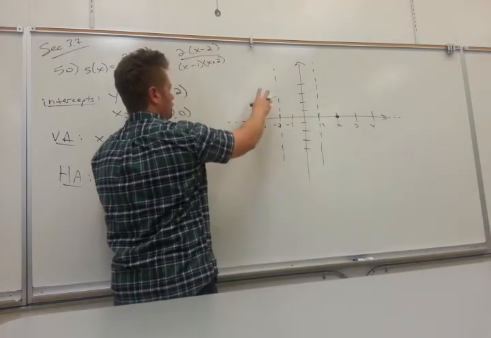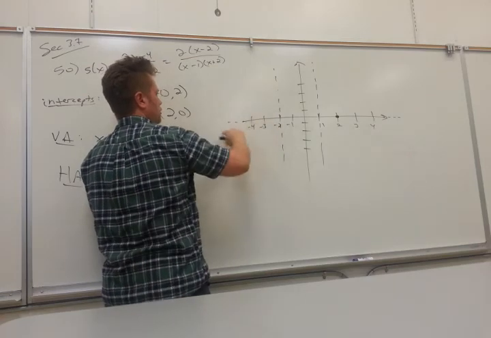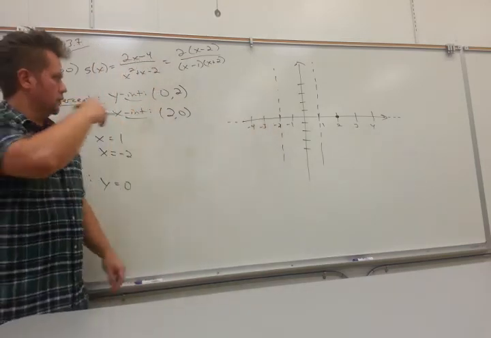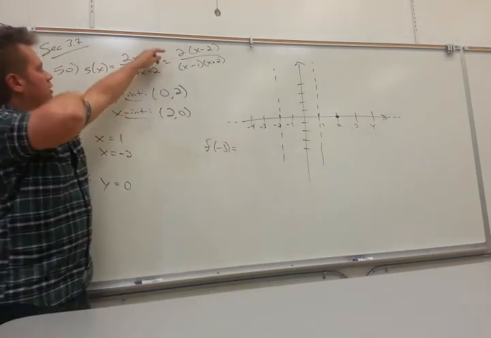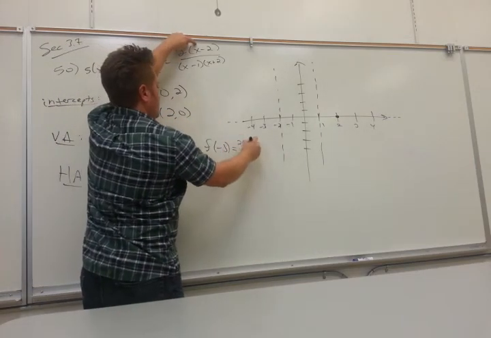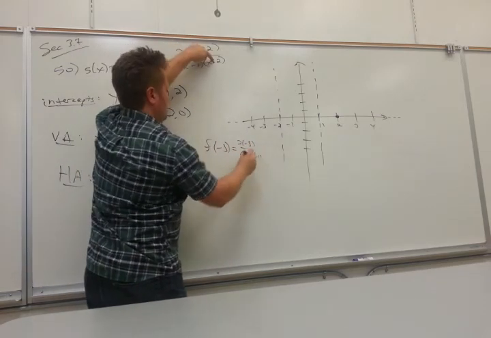But let me get a feel for what kind of scale I need. How do I figure out what's going on over here? You have to plot some points. Plug something in. So what's f of negative 3, for example? It'll be twice negative 5, over negative 4 times negative 1.